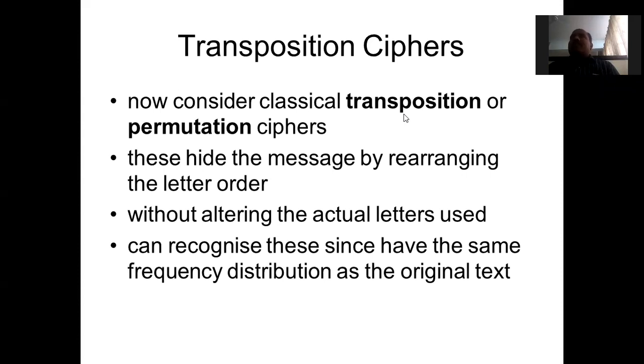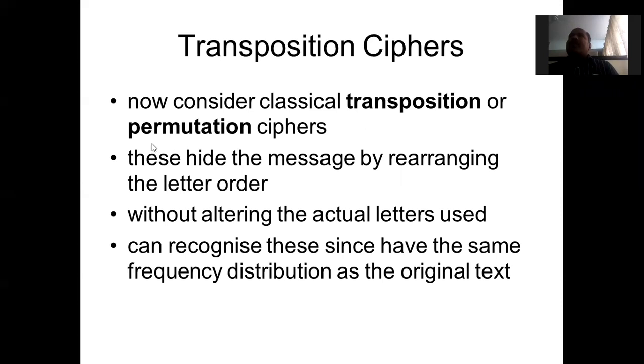We have already covered two types of transposition cipher: the Rail Fence technique and the columnar transposition technique. These are classical transposition or permutation ciphers.